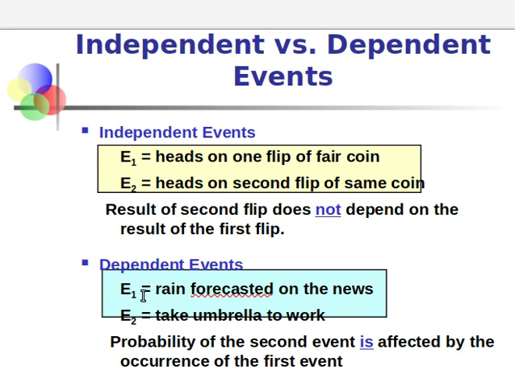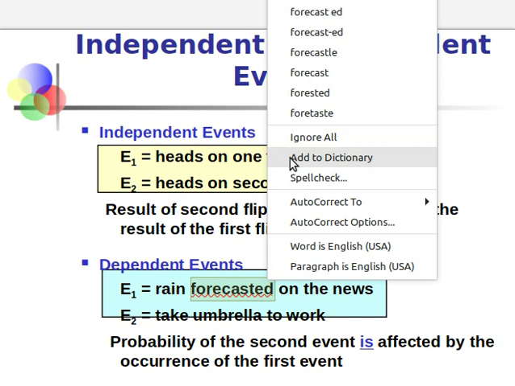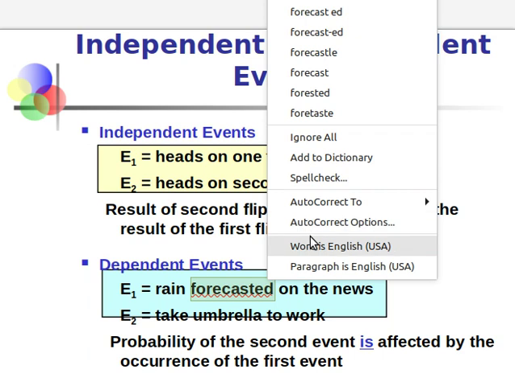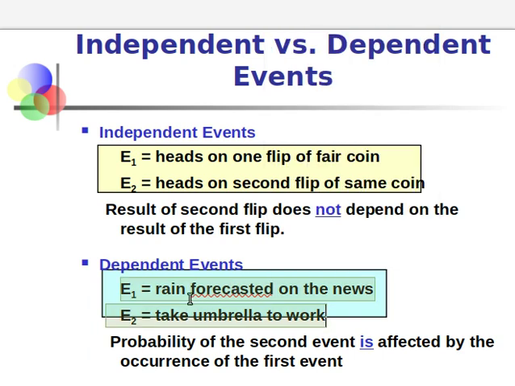For example, if event 1 is rain forecasted on the news, if you listen to the news forecast, and there's rain forecasted, you are likely to bring an umbrella to work or to school, right?